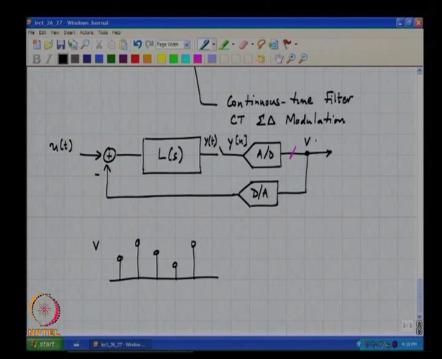The sequence V here is a digital sequence with finite register length. So, these levels will be quantized, okay.